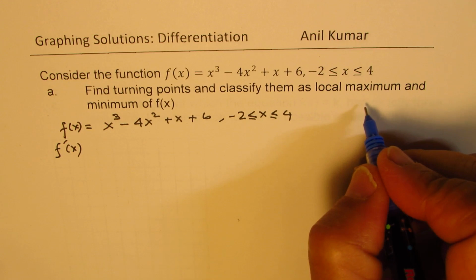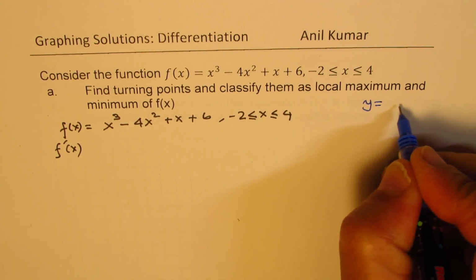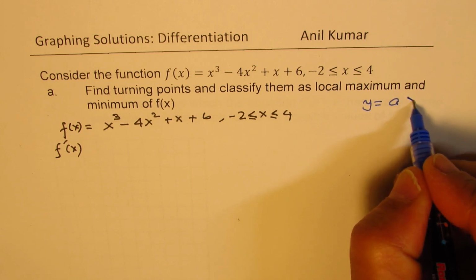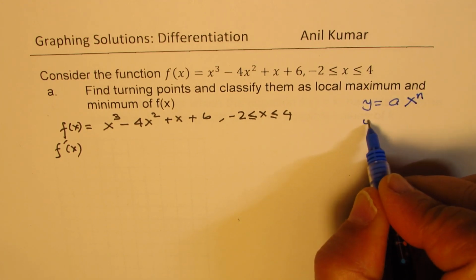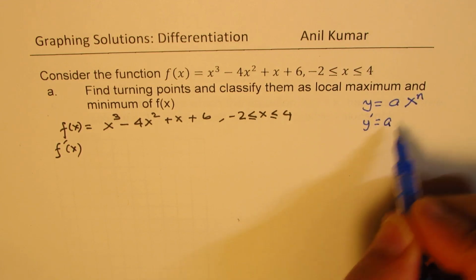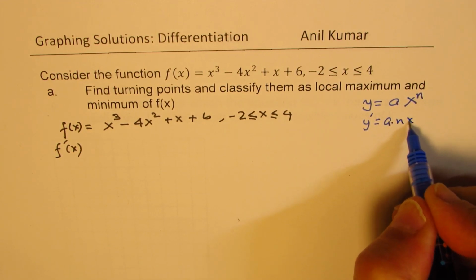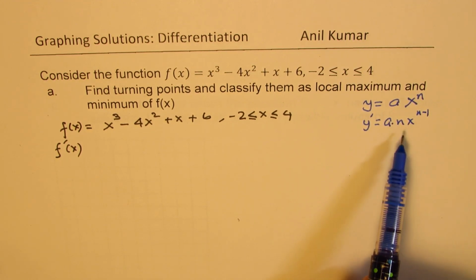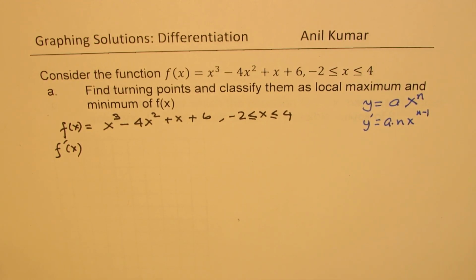Some of you may not know about it, so I'm just writing here. If we have a function a times x to the power of n, where a is a constant, then the first derivative will be a times n x to the power of n minus 1. That is the power rule for polynomials. This is what we use.